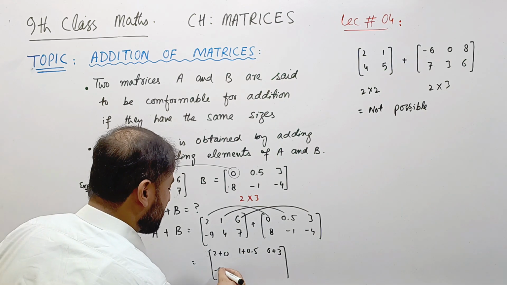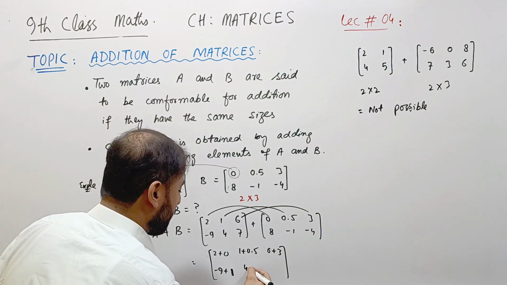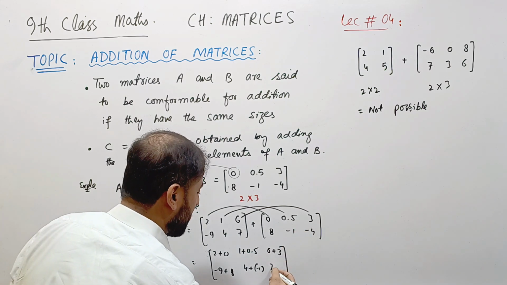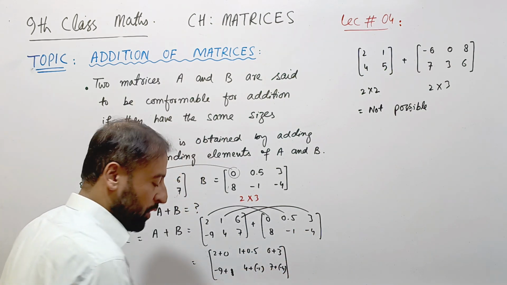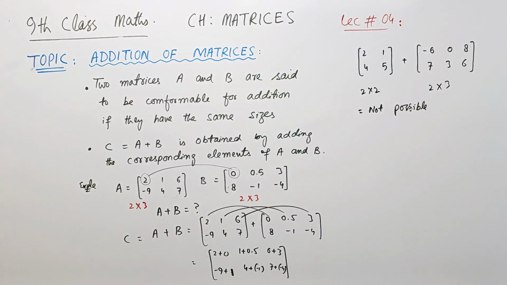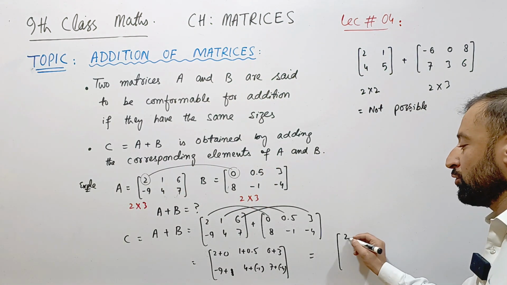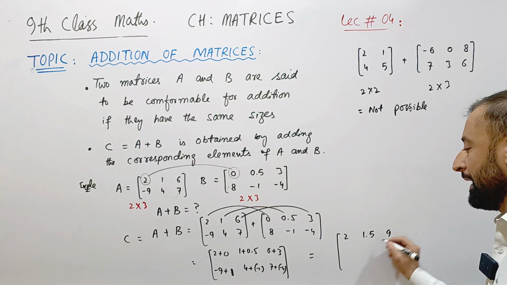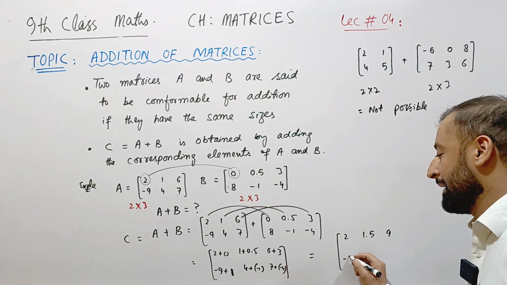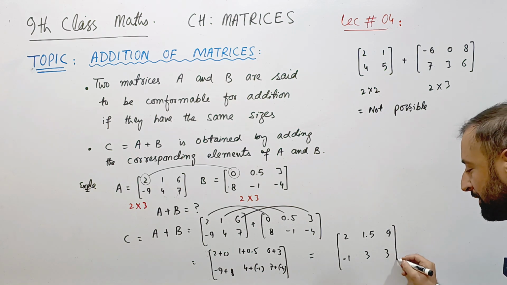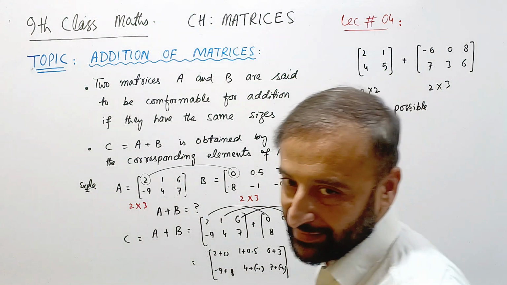Minus 9 plus 8, 4 plus minus 1, 7 plus minus 4. Hopefully, it is within the range of the camera. Yes, it is. So, if you simplify, you get 2, 1.5, 9, and then minus 1, 3, and 3. This is how we will add two matrices.